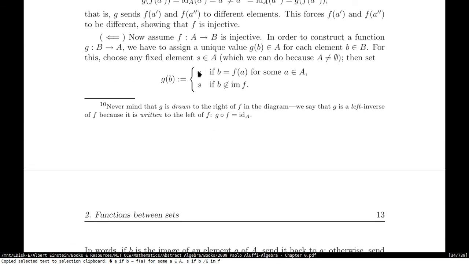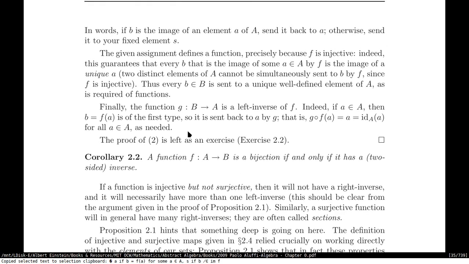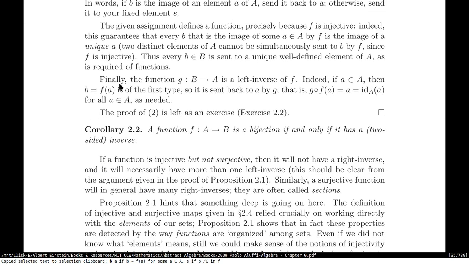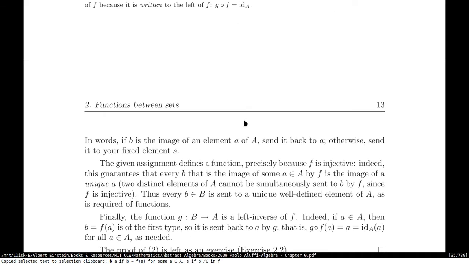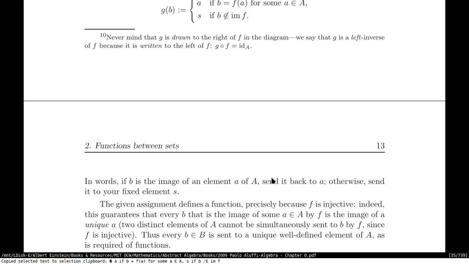It always gives us a, the element itself, so it gives you the identity. That means g circ f is the identity, and thus it's the left inverse. And the other one is an exercise, but it's essentially the same thing, just done for surjectivity.